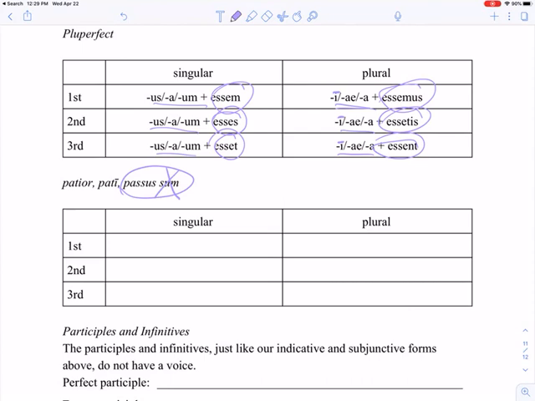This time, let's make it feminine. So I'm going to have passa over here on the singular side. But I'm going to have passae over on the plural side.